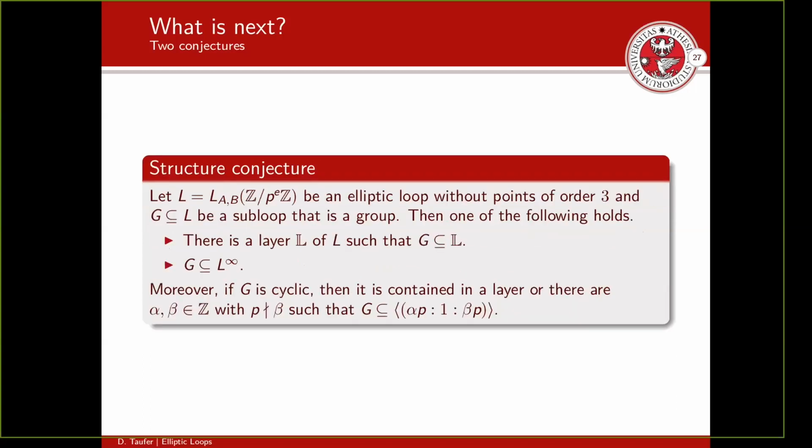And the second conjecture is linked to the maximality of these layers. So these layers are a huge associative structure inside loops. This conjecture says they are probably the largest possible associative structure. So we strongly believe that if there's a group, without order 3, and this is always assumed, a subgroup of the loop which is also a group, then it is either contained inside a layer or it is contained inside the infinity.